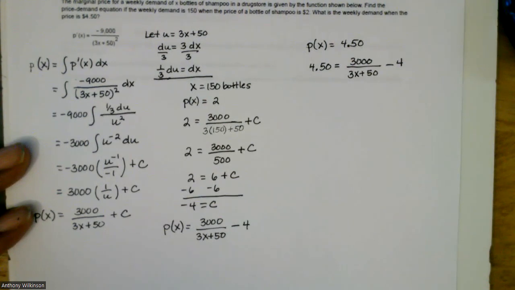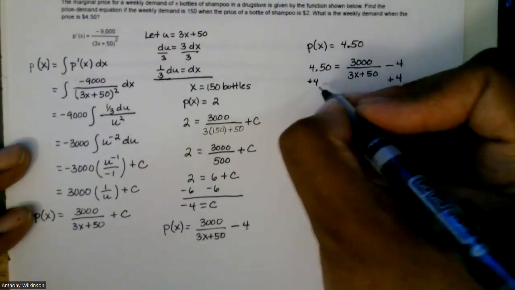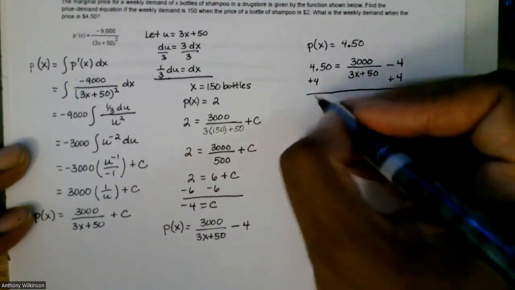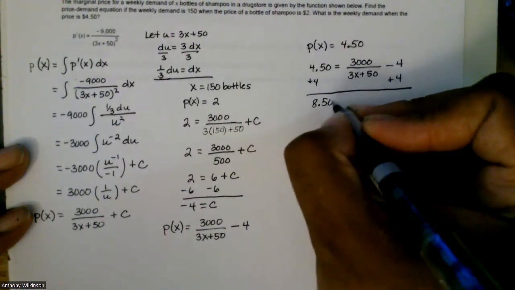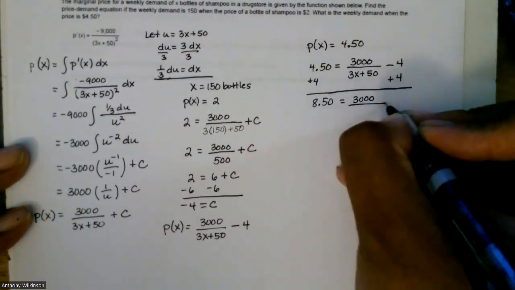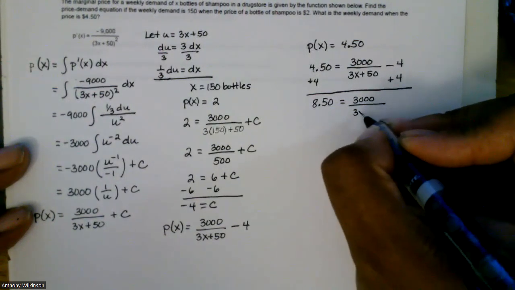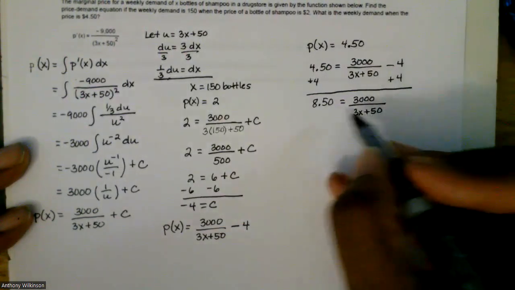And it would be much easier to just add 4 to both sides of this equation. So that means 4 plus 4.50 will be 8.50. 8.50 is equal to 3,000 divided by 3x plus 50. And you know what?